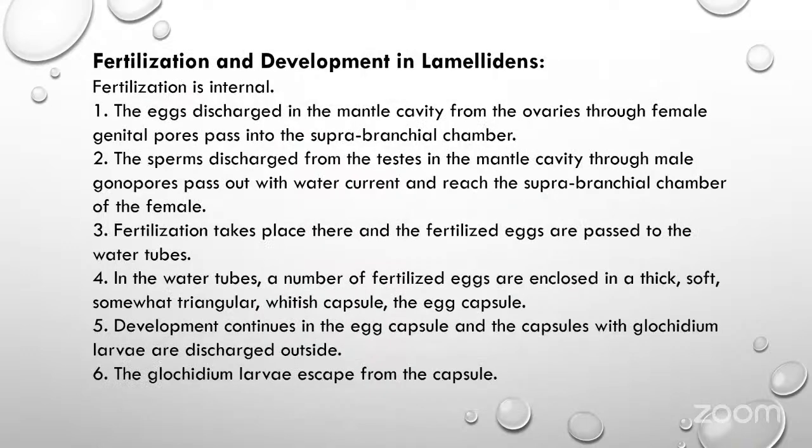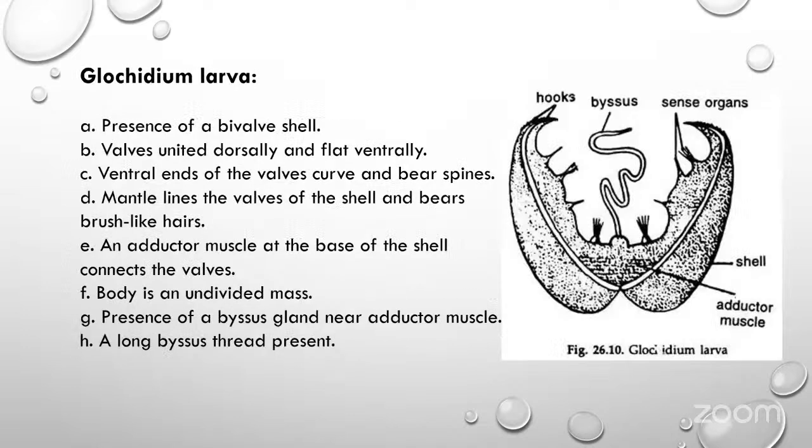Then how fertilization and development happen in Lamellidens, how the eggs get changed into the larvae. We learned about the Glochidium larva, the presence of bivalve. Even this has two shells that are dorsally attached. Then valves are united dorsally and flat ventrally. Ventral ends of the valves curve and bear spines.